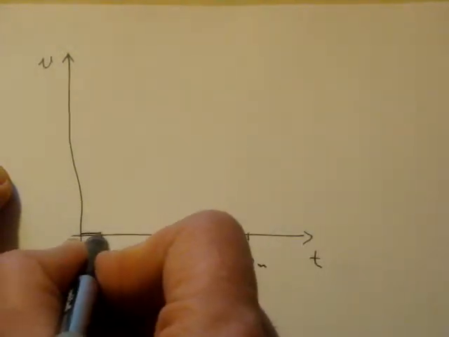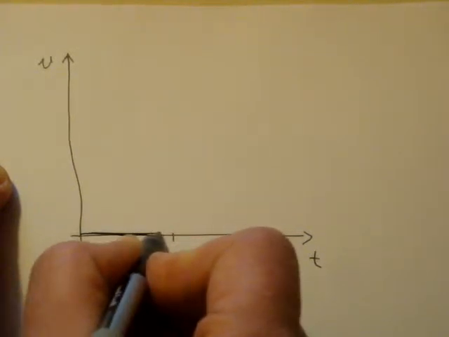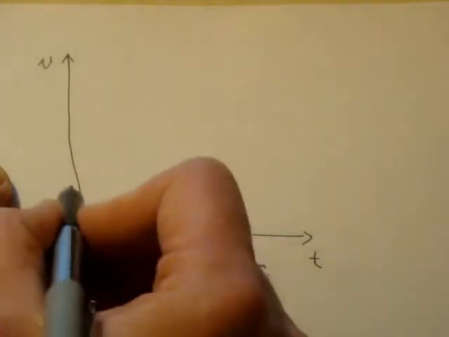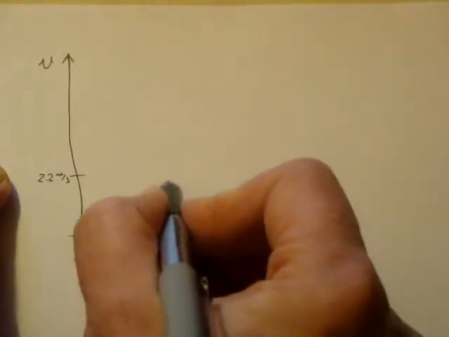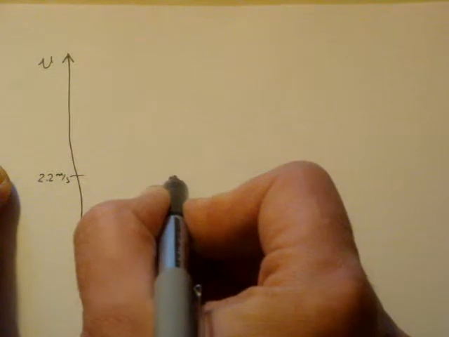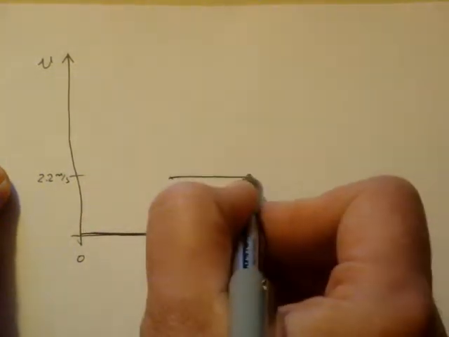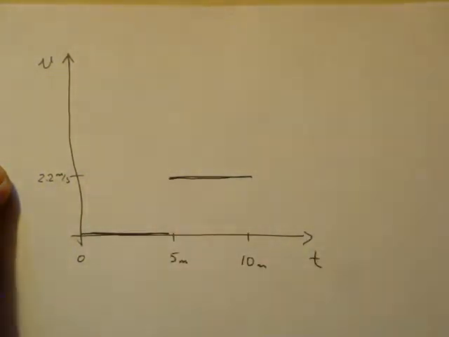So there is no velocity here, it's just 0, and then it increases to 2.2 meters per second, just very suddenly. Sketch that there, right? So that's his velocity. Not the world's most exciting graph, but that's what it looks like.